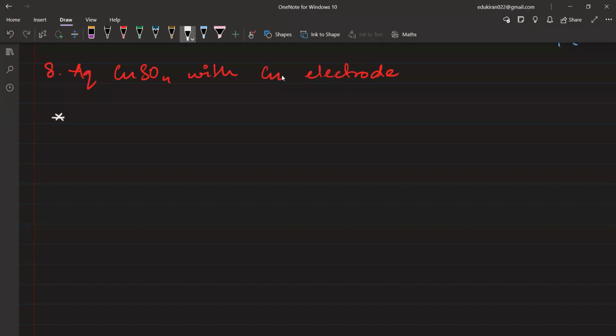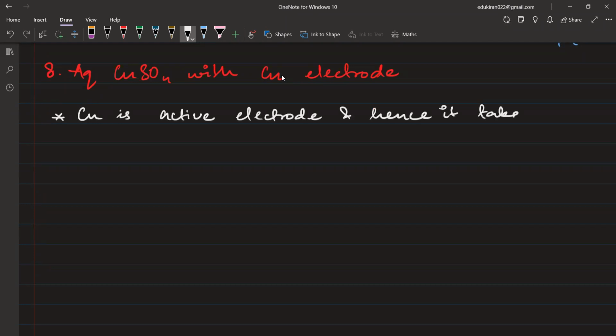It is reactive. It is not inert, right? Copper is active electrode. Hence it takes part in the reaction. ठीक है, in the reaction.